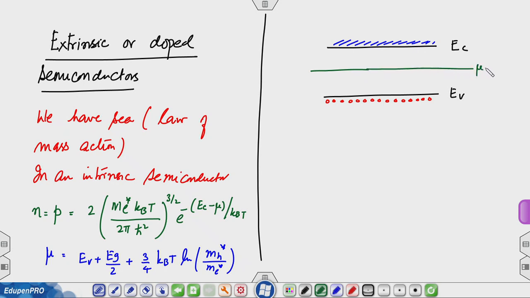This is mu or epsilon f, roughly in the middle. Now, by doping we can change this concentration.